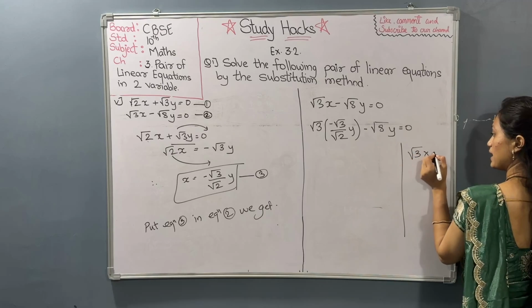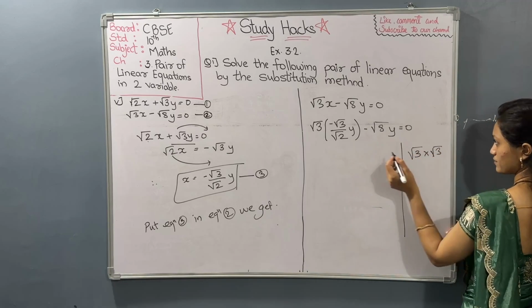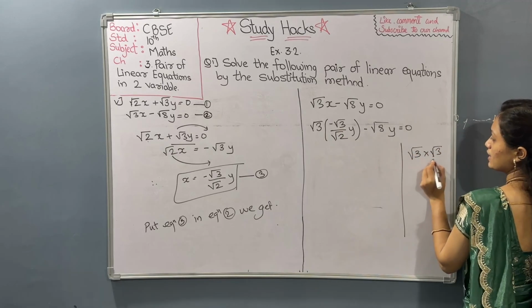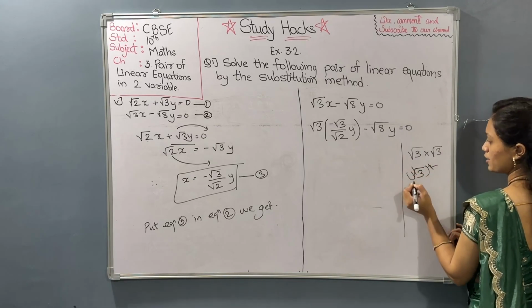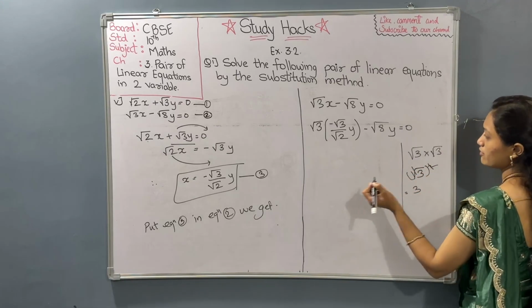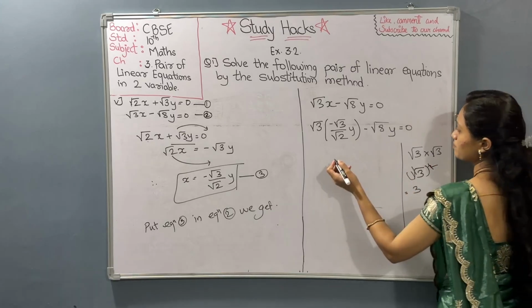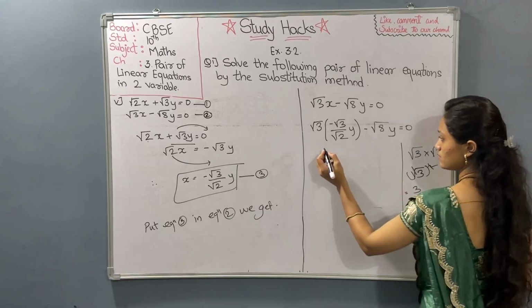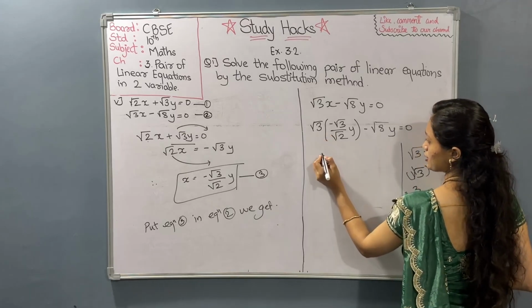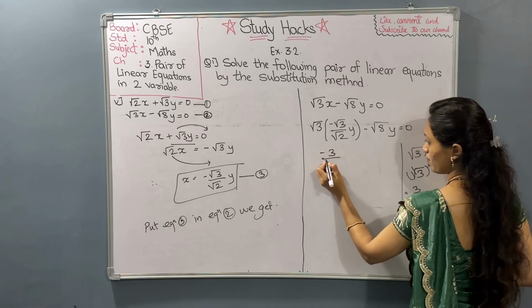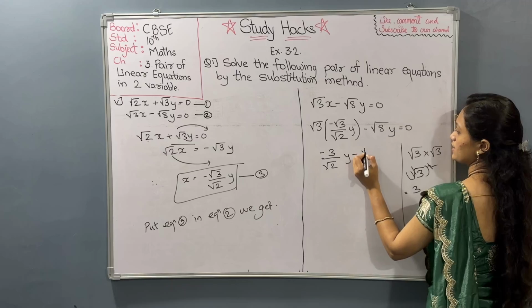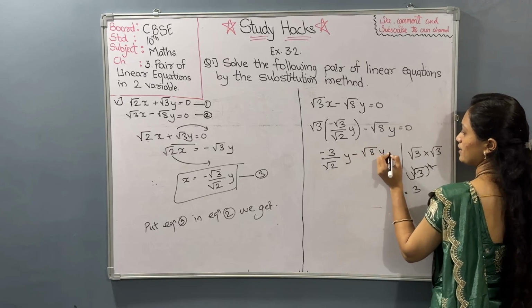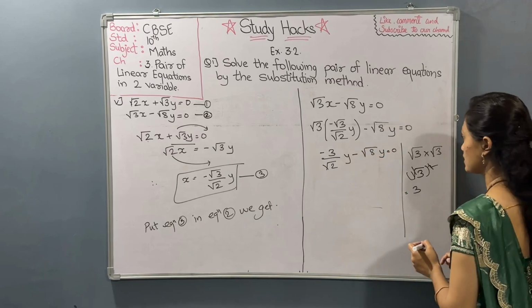√3 multiplied by √3. This will be √3 square. The square and root will get cancelled and we will be left with 3. So the multiplication of this will be −3/√2 y − √8y = 0.